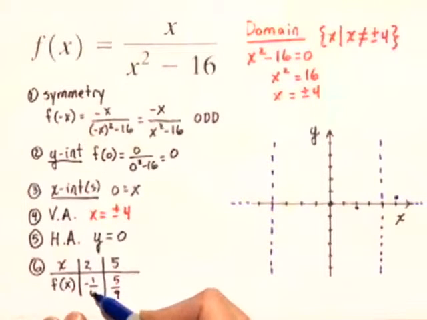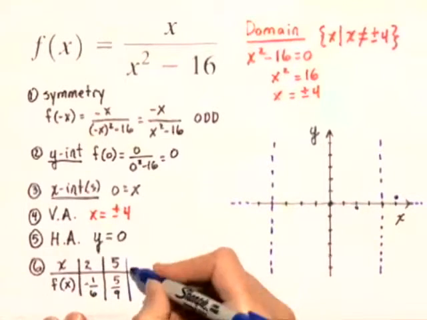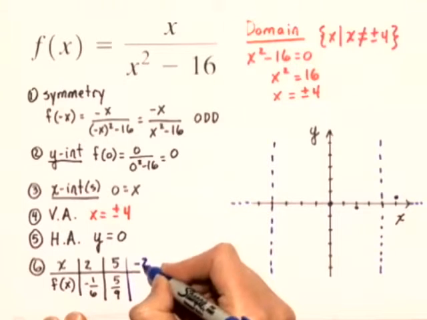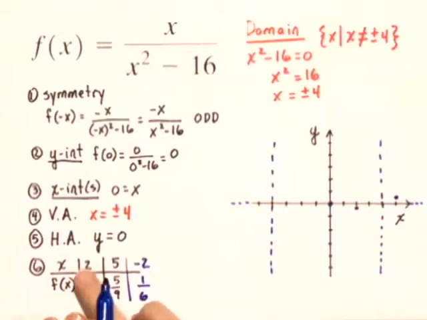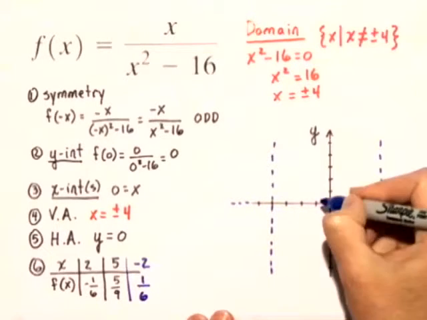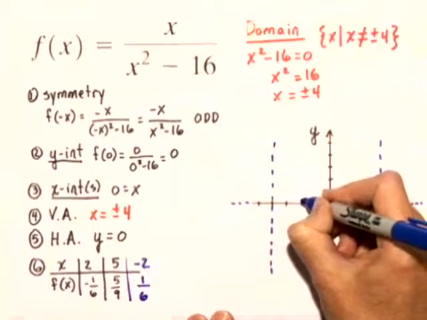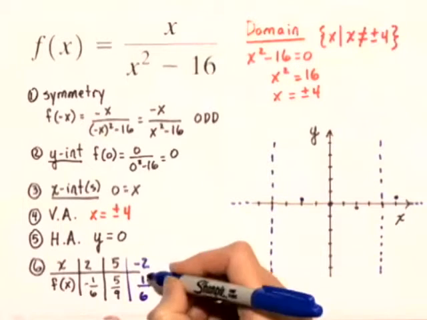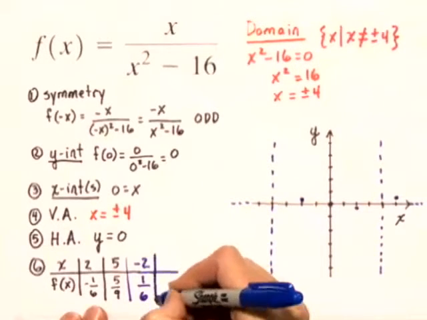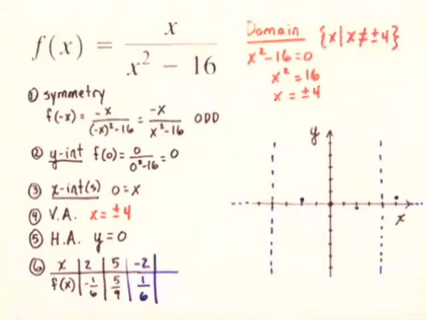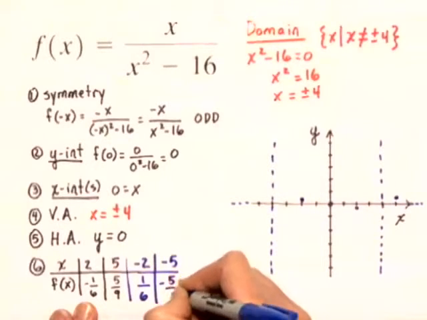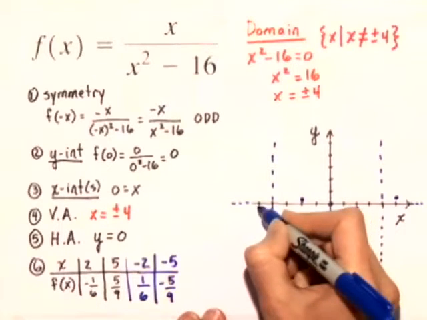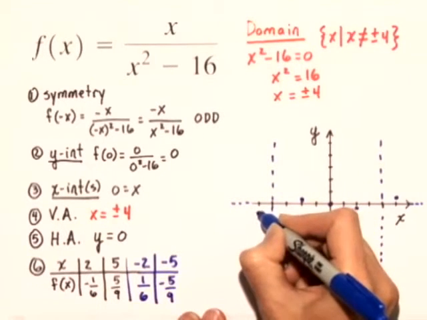Since 2, negative 1/6 was on the graph, we're also going to have negative 2, positive 1/6. In other words, we just take the opposite of the x and y value. So we have negative 2, positive 1/6. And then finally, since 5, comma, 5/9 was on the graph, we'll have negative 5, comma, negative 5/9. And that's over here, right about here on the graph.